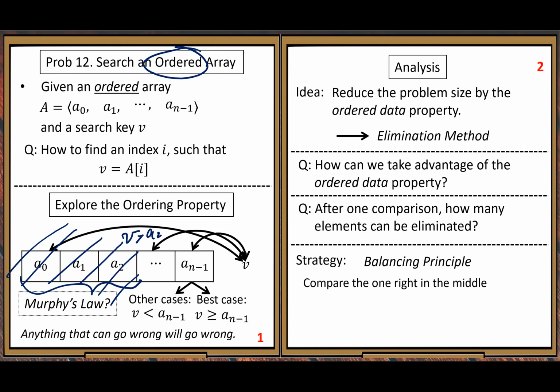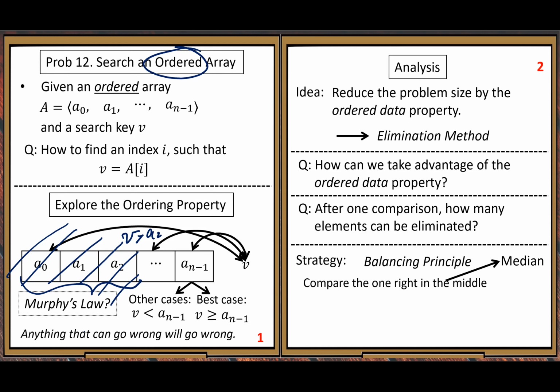All right. Compare the one right in the middle. Median. That's why we use that element we call the median. So what is the median? Many students ask me, although in middle school kids learn how to find the median.